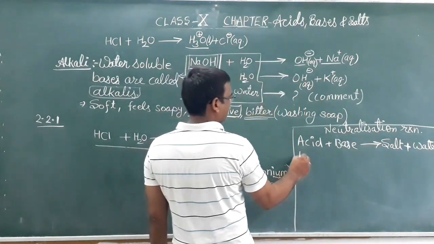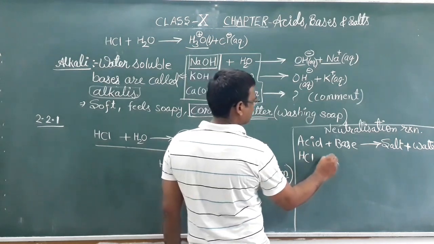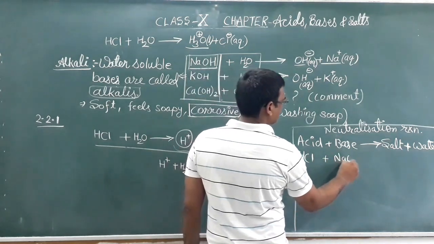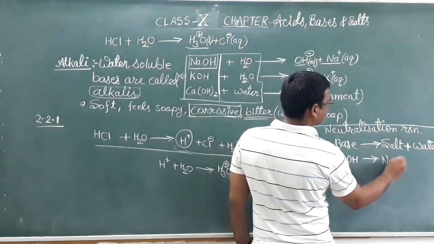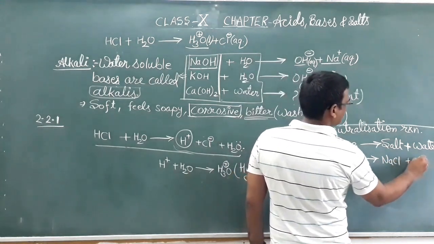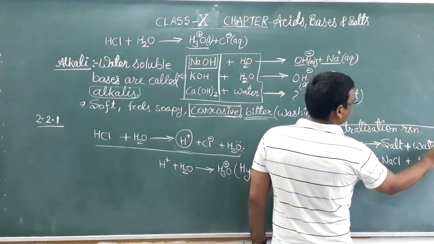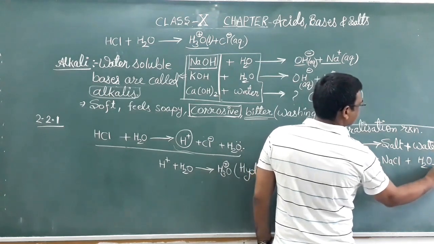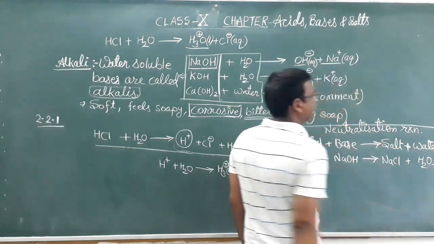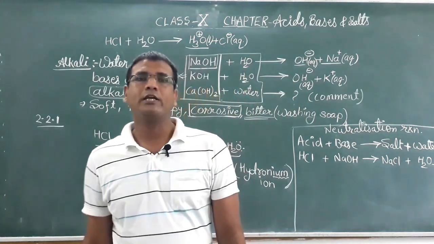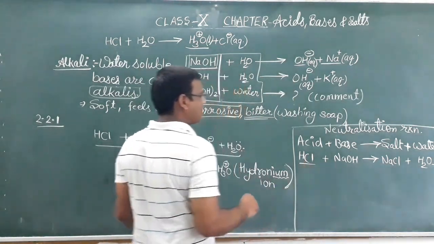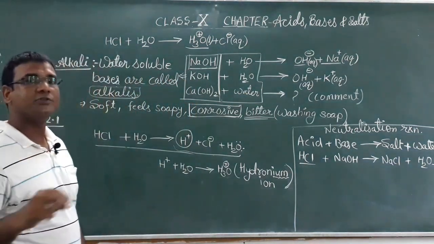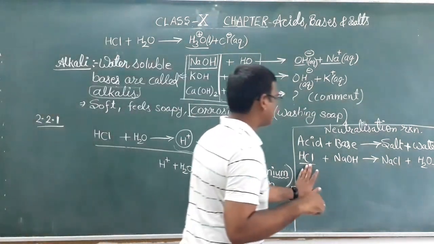For example, you can take HCl, that is the acid, and the base, sodium hydroxide, and the salt here is NaCl, plus water, that is H2O. You may also say heat is produced in a neutralization reaction. Now HCl is a specific example, hydrochloric acid.